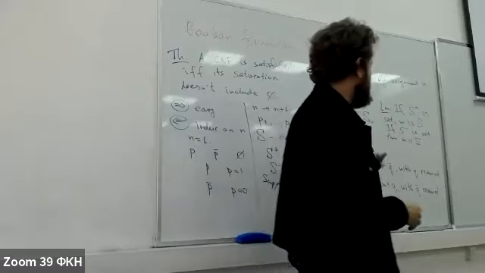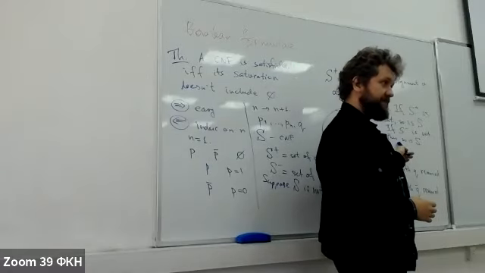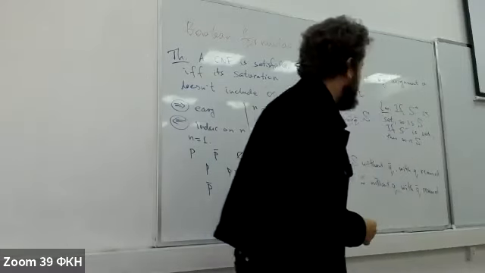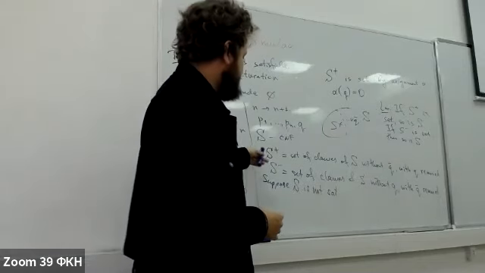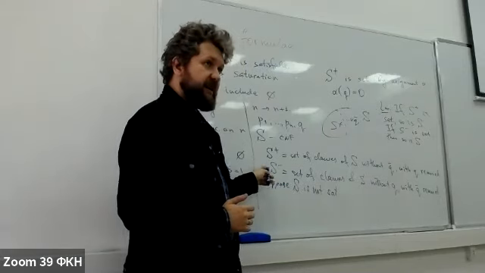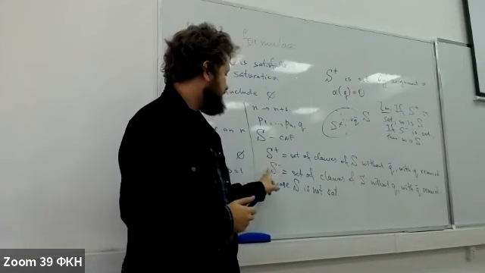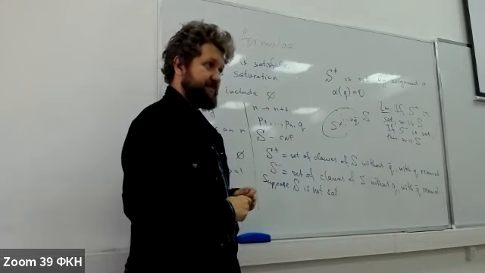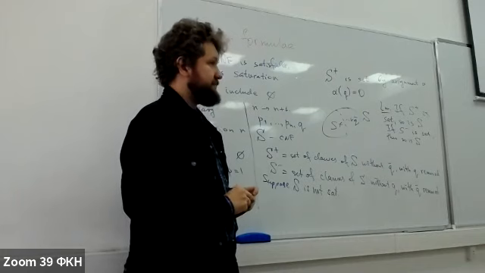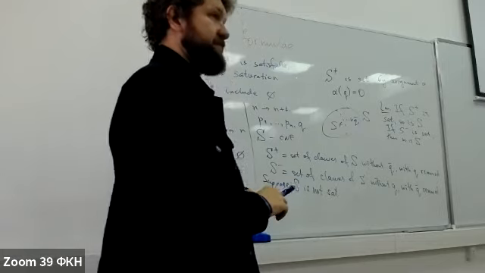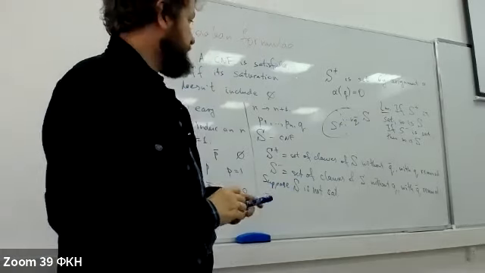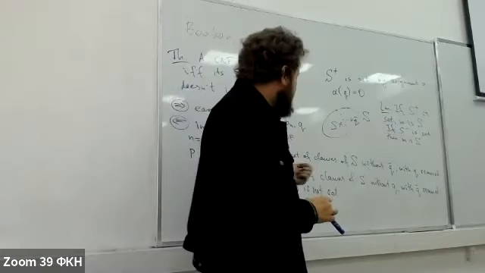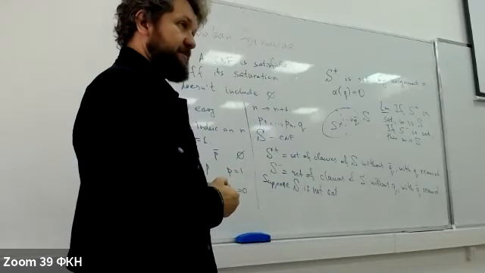First, let's again think about this lemma. This should be clear. We define this S plus and S minus, and if at least one of them is satisfiable, then so is S. And now we're going to use induction.